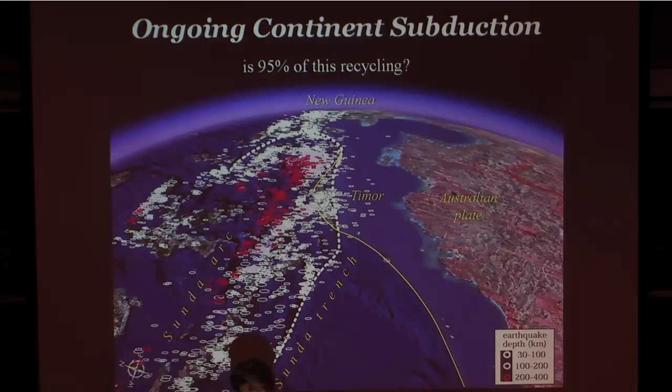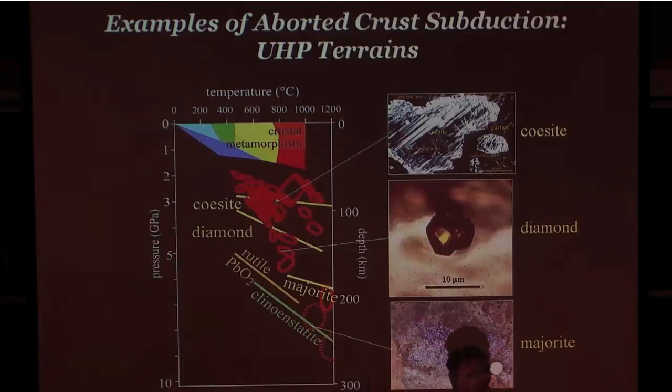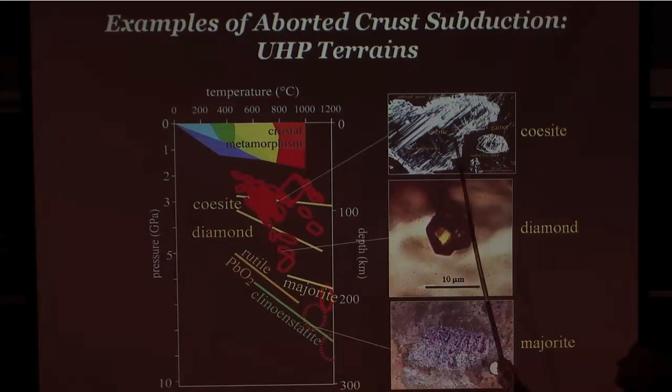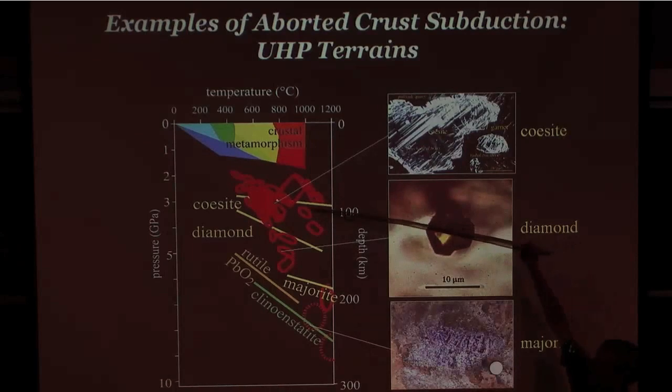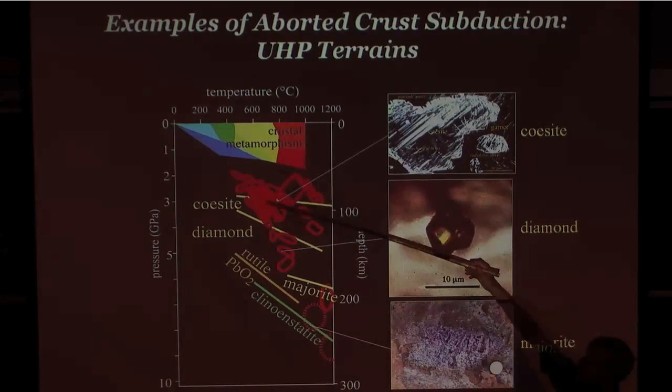So we know that continents can undergo subduction, and we have a bunch of really lovely examples of this from looking at different parts of Earth. There are some pretty large bodies of rock that have been exhumed out of the mantle, and they contain nice minerals like coesite, diamond, and silicic garnet. Most of these came from a depth of about 100 kilometers and temperatures of around 700 degrees in round numbers.